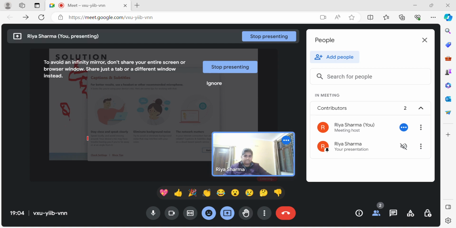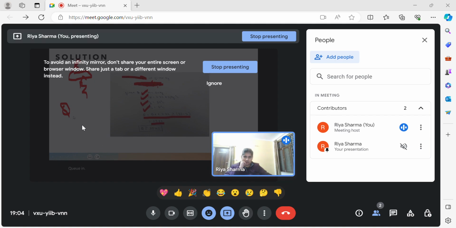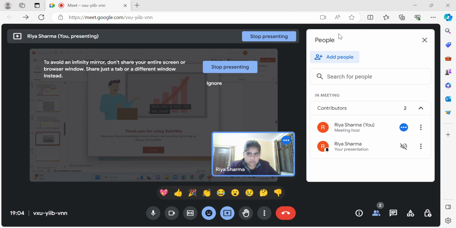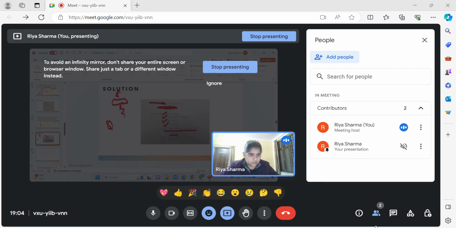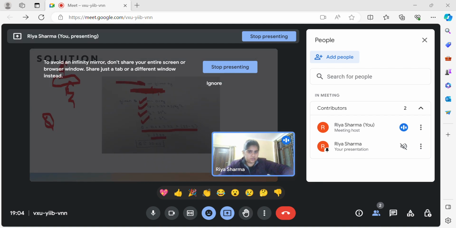Q in is equal to Q out for any general process, for any steady state process. So the next question is actually on this concept.